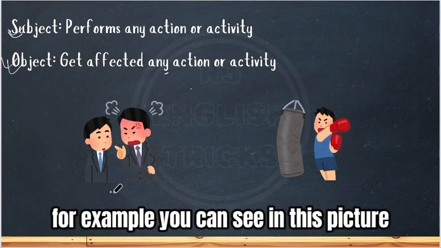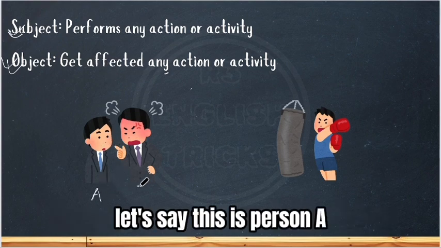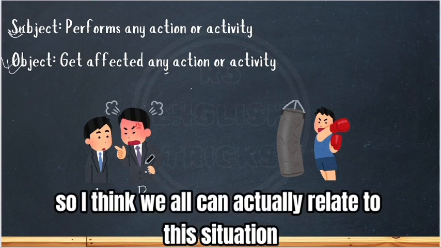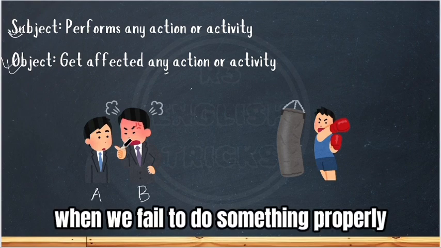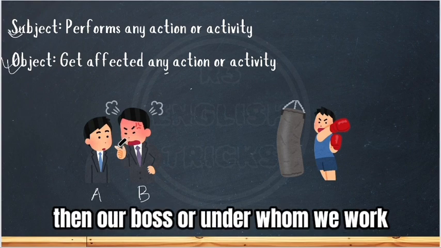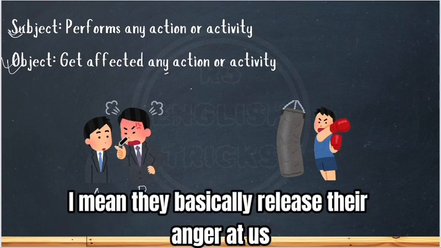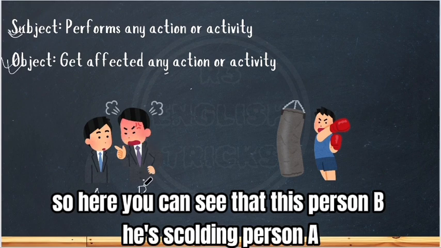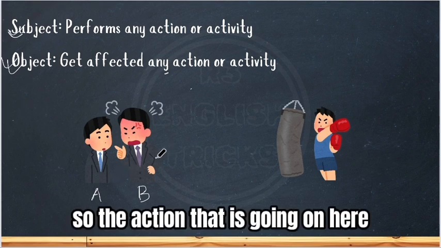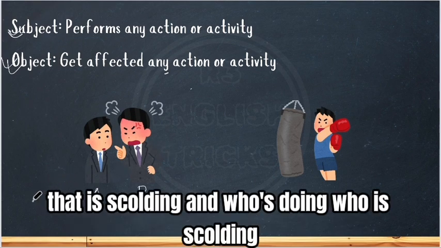So for example, you can see in this picture, let's say this is person A, this is person B. I think we all can relate to this situation. When we fail to do something properly, then our boss, or whoever we work under, releases their anger at us. So here you can see that person B is scolding person A. So the action that is going on here is scolding.